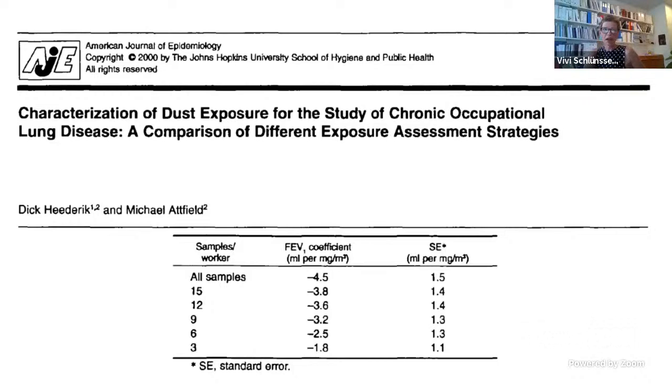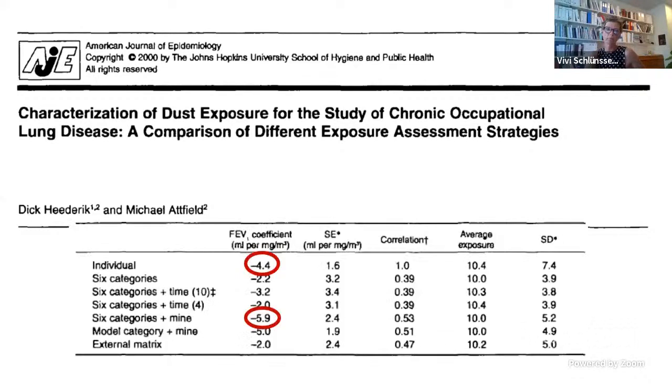But I think I will stop here. I think that Lex also made this point very clear. So if you have a large variability in your data, do not use one measurement per person, but use a group-based approach and use a good quality job exposure matrix.